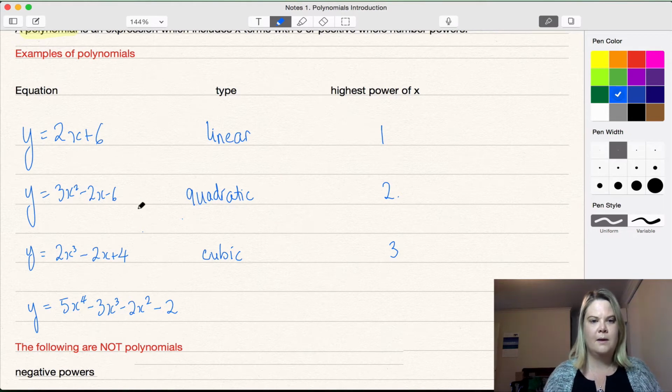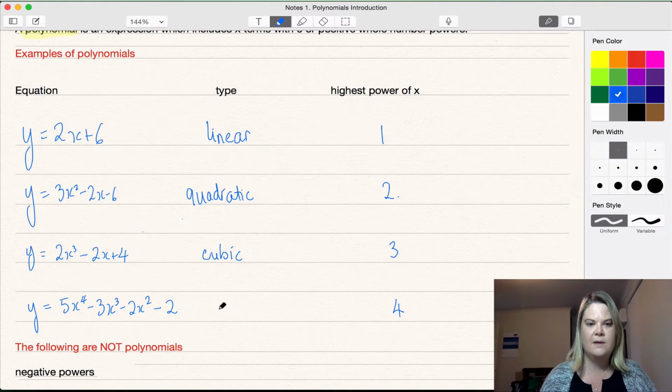And the last example I've got here has the highest power of x of 4, and this one's called a quartic.